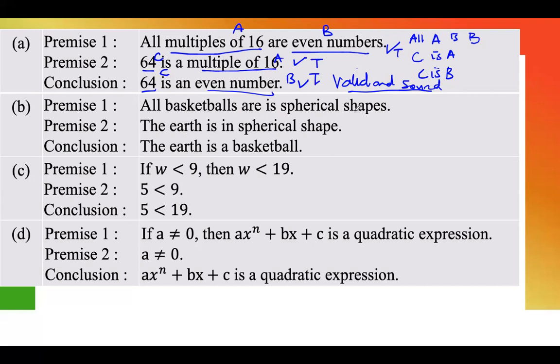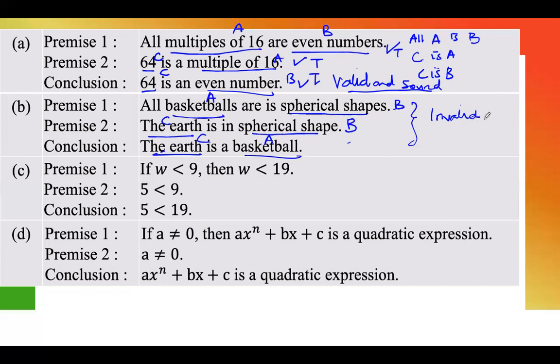All basketballs are spherical shape. Okay, all basketballs, A, spherical shape, B. C is the earth, C is spherical shape. C is B, C is A. So you can see here, it doesn't follow the rules of type 1: all A is B, C is A, C is B. But now it's all A is B, C is B, C is A. So this is an invalid argument, right?